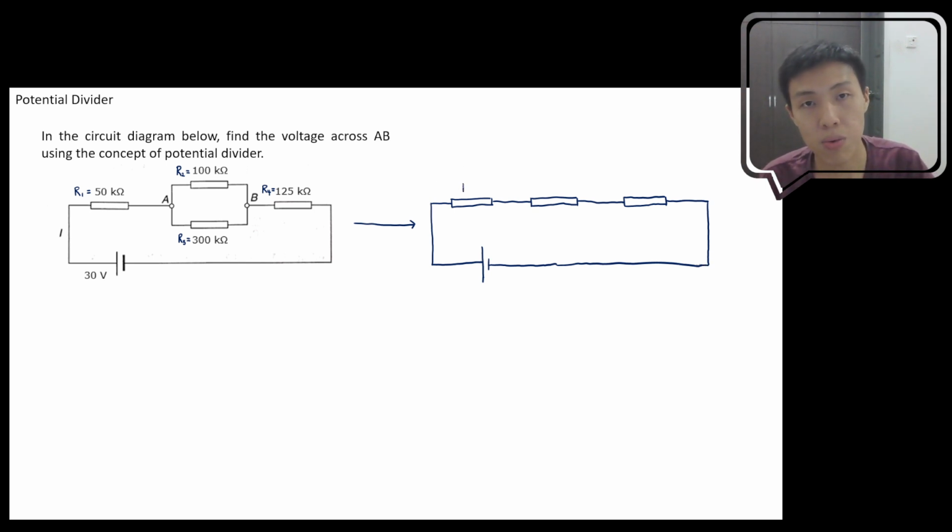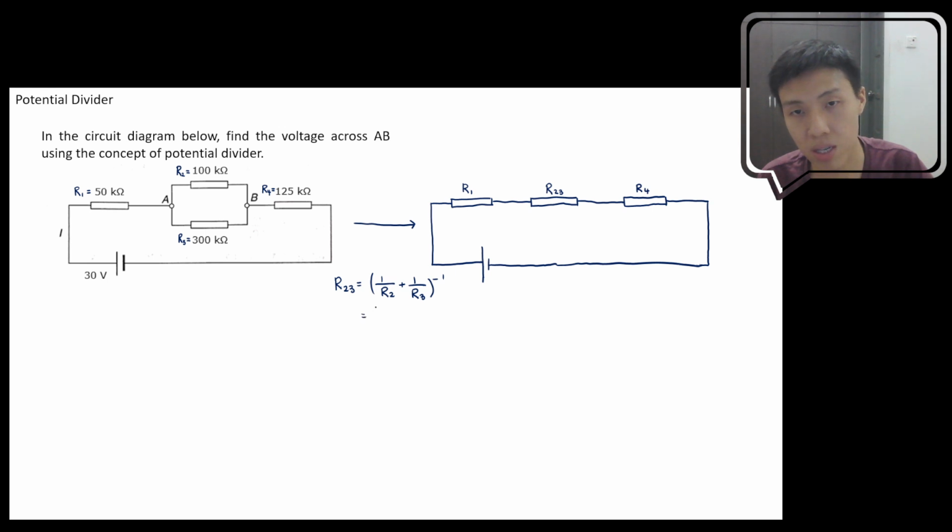So this is R1, this is R23, and this is R4. Okay, so usually I write in the middle, I combine it. So this one is R23, and because this is parallel, I'm going to write it as (1/R2 + 1/R3) to the power of negative 1.